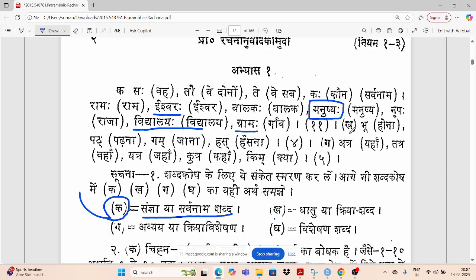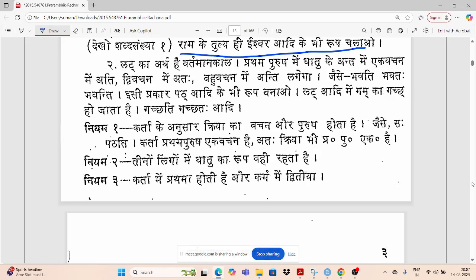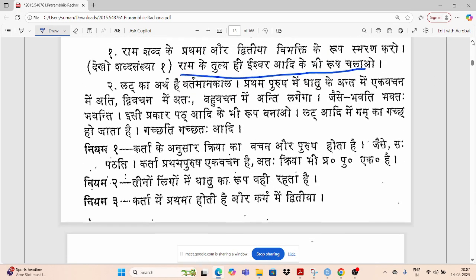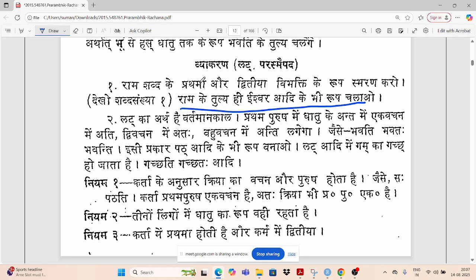Now we come to something more, and that is lat. Lat ka arth hai vartaman kal. So we have 10 kinds of tenses. Just like in English, we have present continuous and all that, present tense, past tense, future tense.